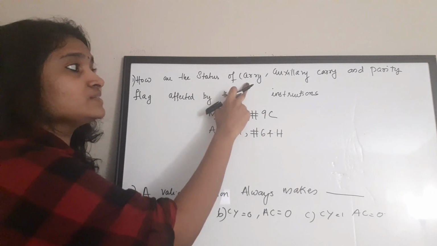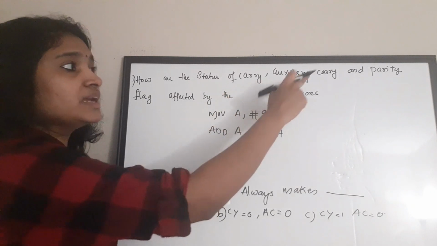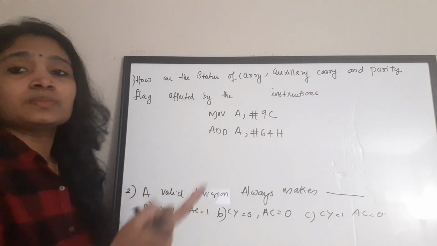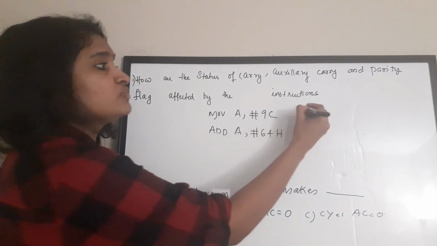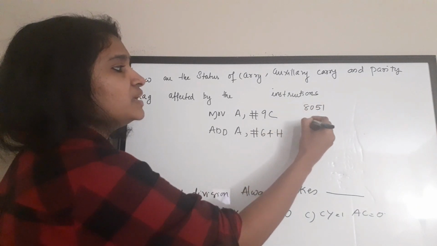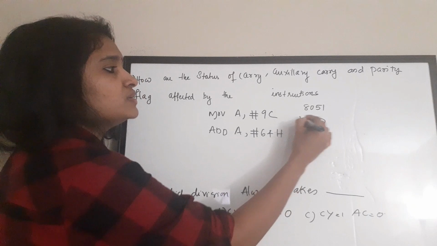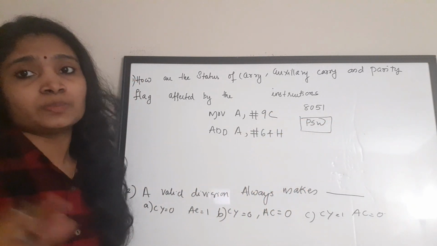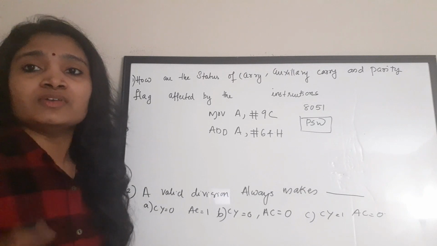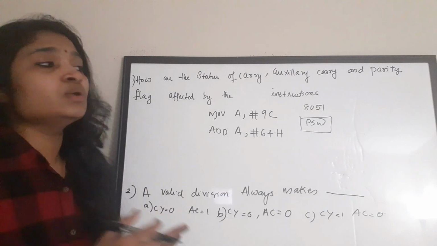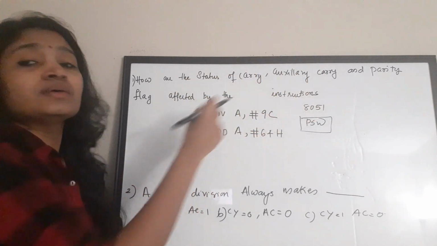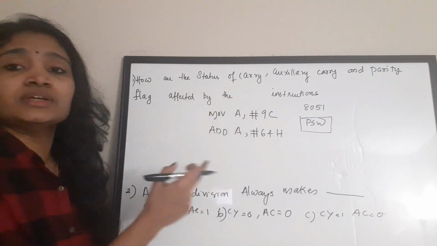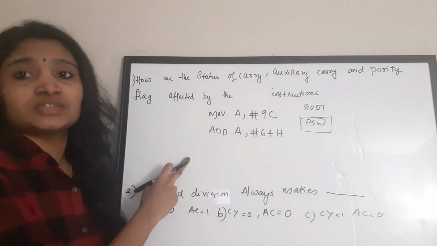You need to find the status of carry, auxiliary carry and parity flags. These flags are present in the register called PSW, the Program Status Word register. You need to find whether the value stored into these flags after execution is 0 or 1.